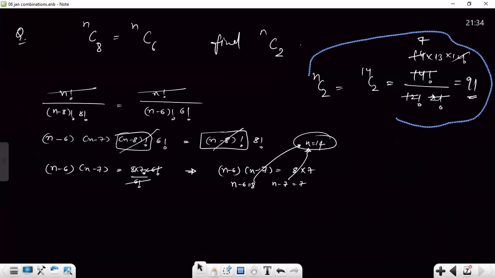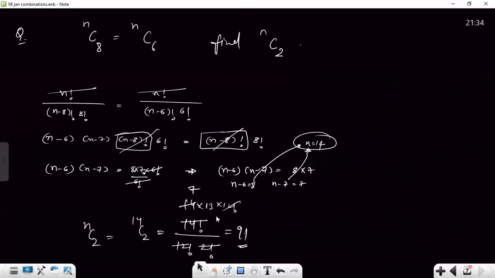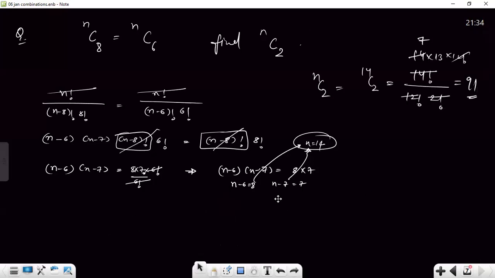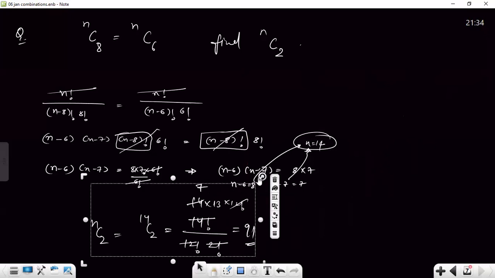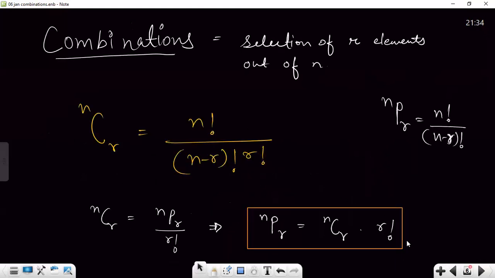Okay, let me make the solution more organized. So instead of doing all this, if we just observe the formula of nCr and make some conclusions out of it, we might get helped.